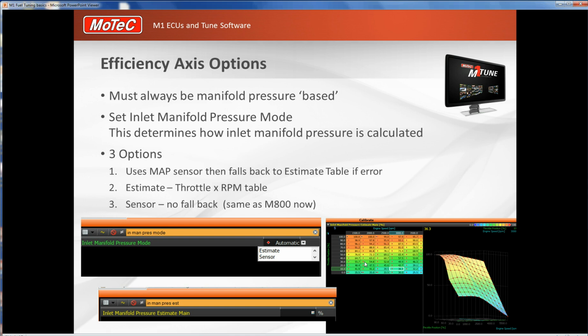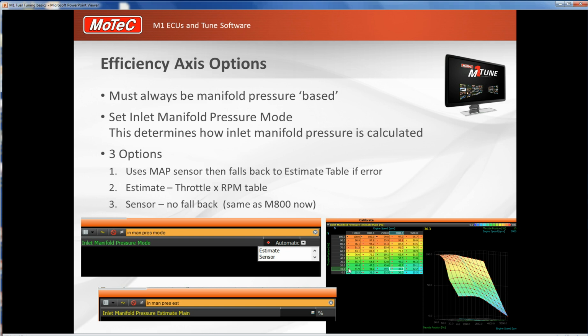Alright, a nice little feature of this table is that you can actually use the quick key, the Q key, to not quick lambda but quick enter the live inlet manifold pressure at the time. Obviously, if you have an engine without an inlet manifold pressure sensor, you're going to have to estimate this yourself.